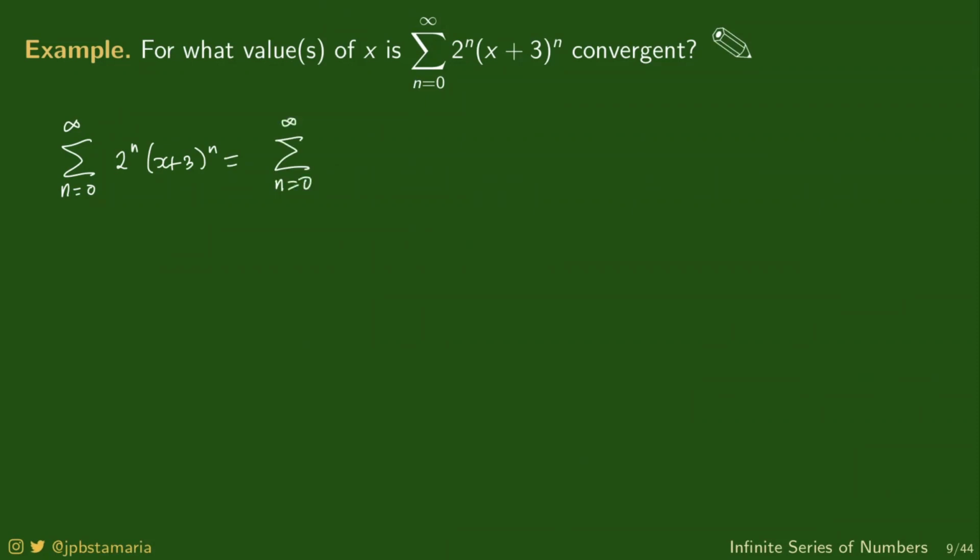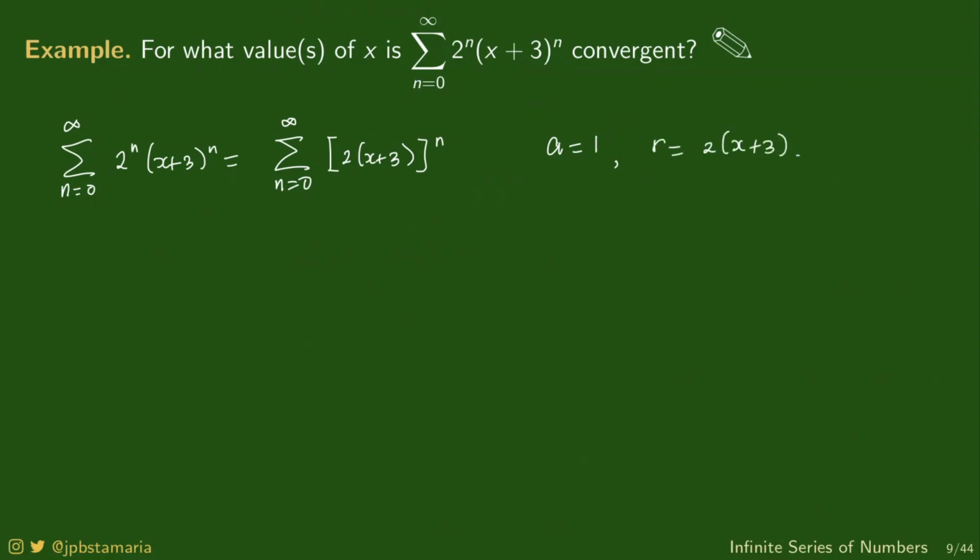Anong geometric series, sir? Ayun, no? 2 times x plus 3 raised to the power of n. Hindi ba? It's a geometric series with, ang first term na ito ay 1, kasi ang n ay 0 nag-start. Tapos, ang ratio mo ay 2 times x plus 3.